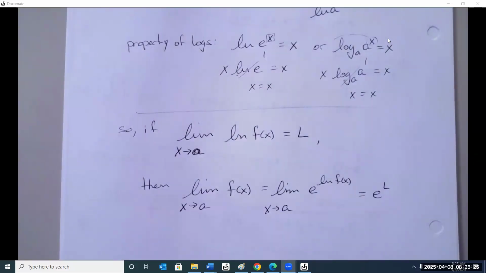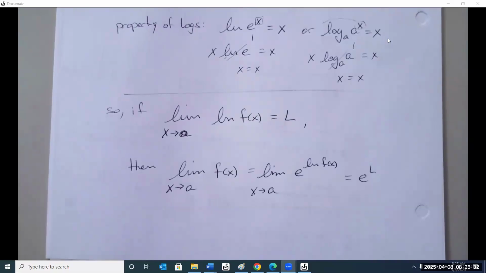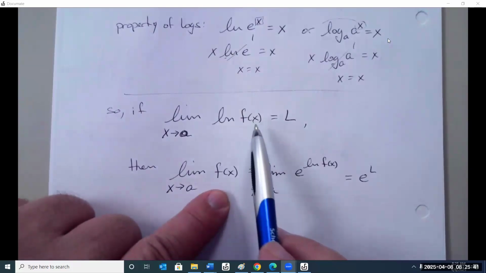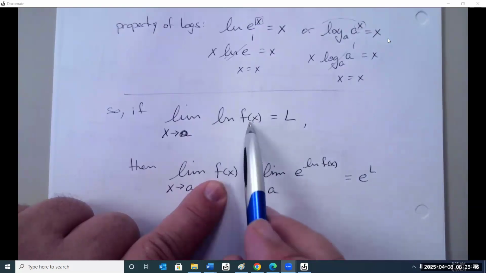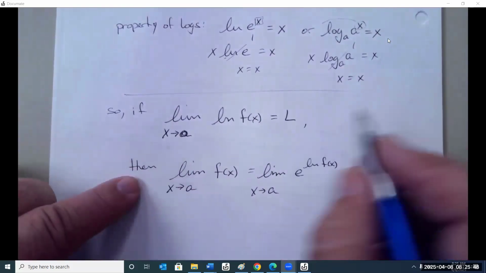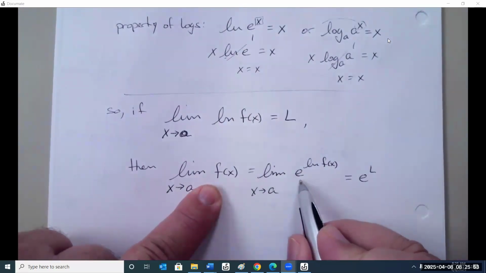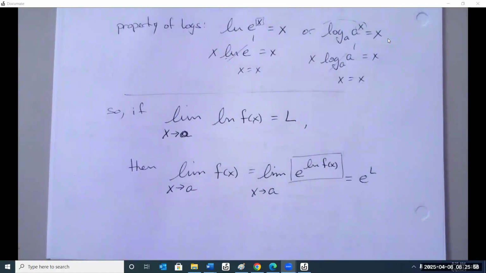Before we go any further, let's make sure we understand what this is telling us. So we have a function. If we take the ln of the function, what we're really doing is taking the ln of both sides. So if our function equals this, how does it equal that?